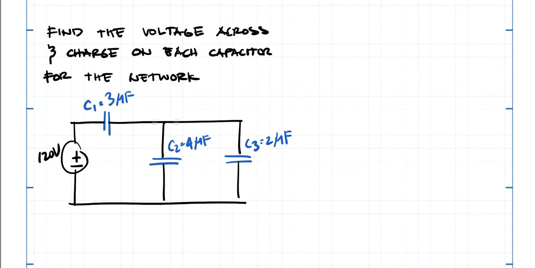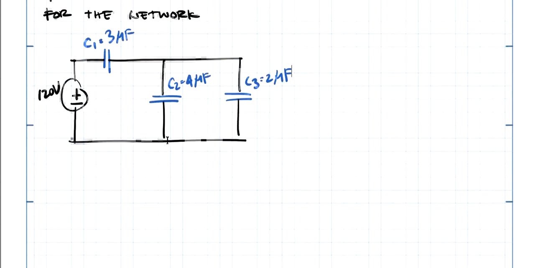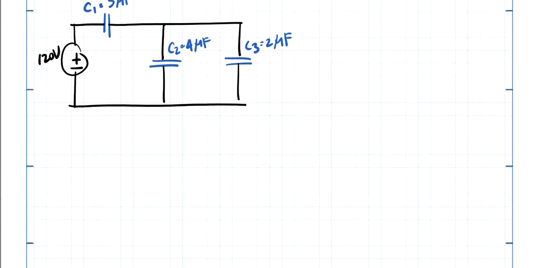We have a combined series and parallel connection here. C2 and C3 are in parallel, and the equivalent capacitance of this combination is in series with C1. Let's do the solution.